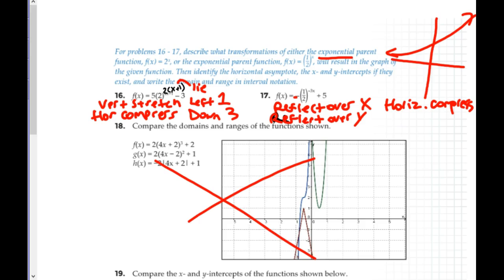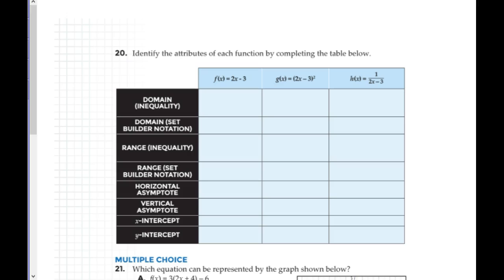Now there's no C value, but there's a letter D, which is up 5. Okay, there's no C.